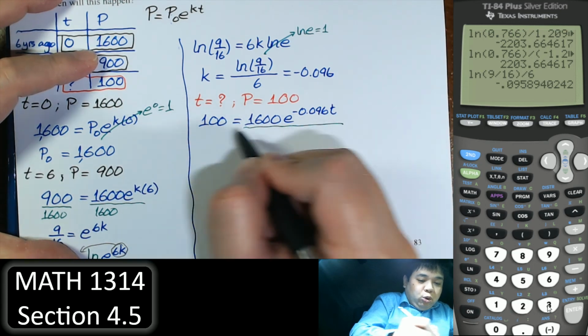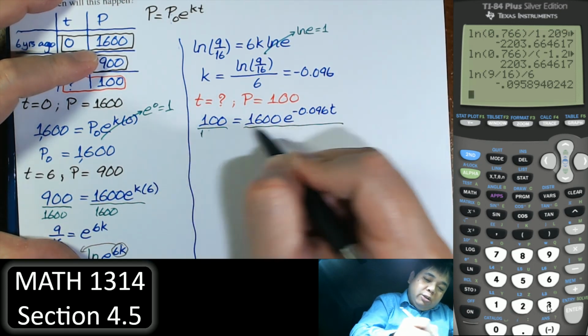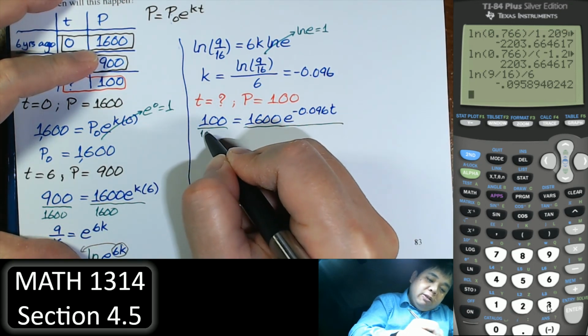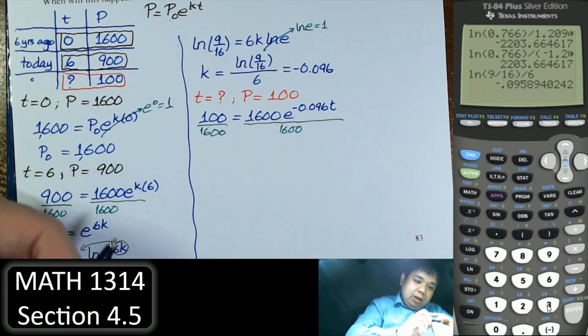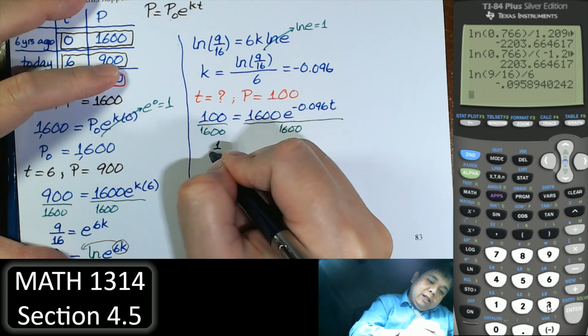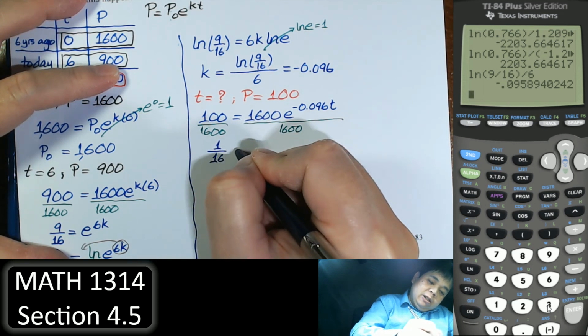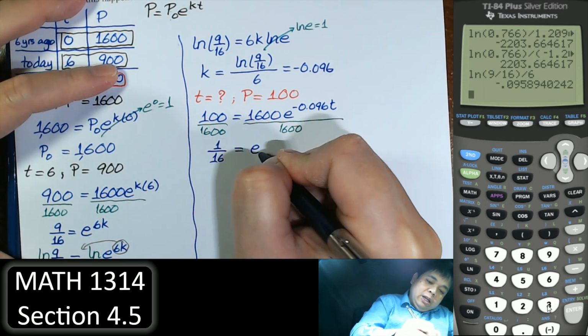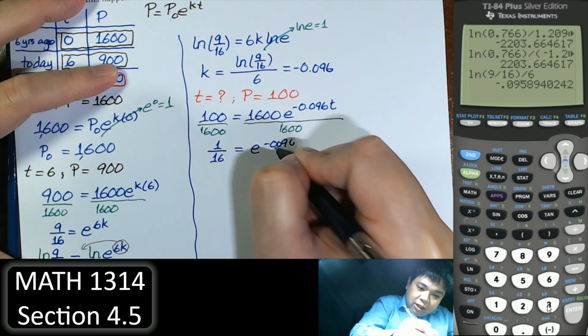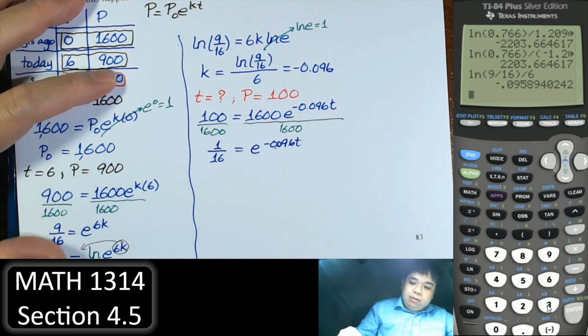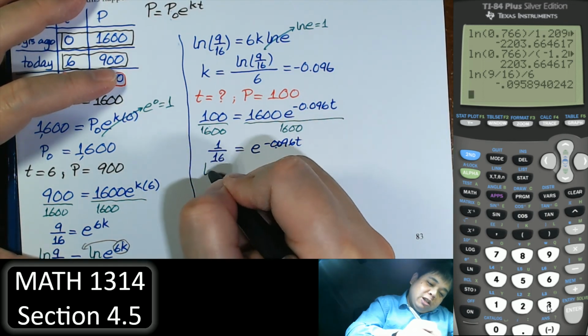Now, same routine, get the exponential term by itself, divide by 1600. So 1 over 16 equal to e to negative 0.0958 t, and take ln on both sides.